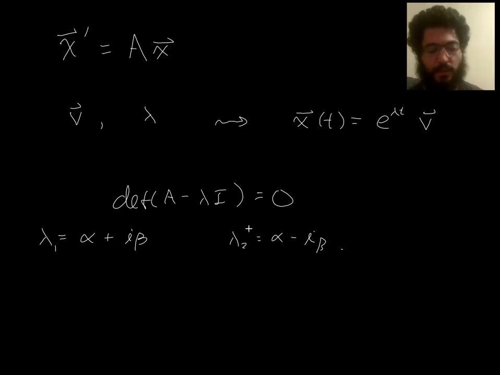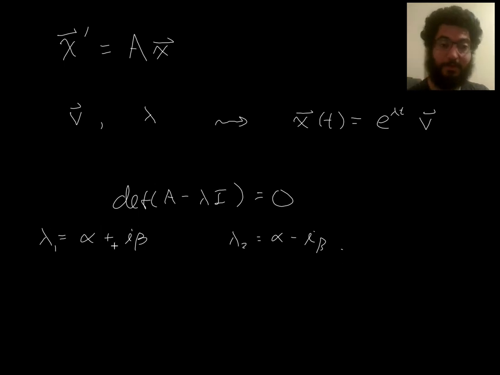Now, if you remember, when we were dealing with second-order differential equations from Chapter 2, in the complex root case that we had there, we only really needed to care about one of the two roots, because the other one didn't provide any more information. So what about here? If I know one root, will I automatically know the other?